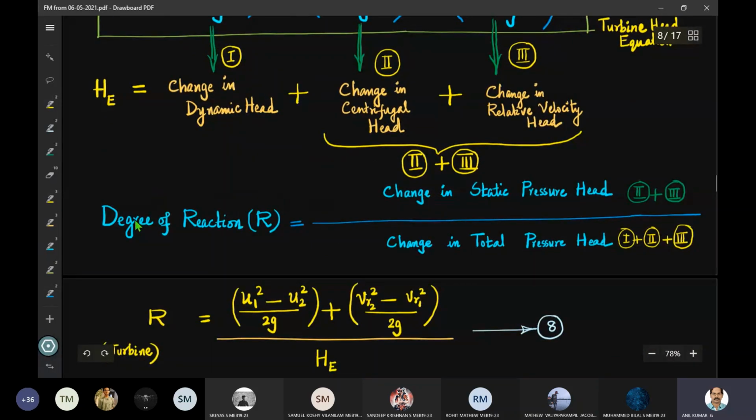So we have an important term called the degree of reaction, R. The degree of reaction for turbo machineries is defined as the ratio of change in static pressure head to the change in total pressure head of the fluid as it passes over the vanes. So change in static pressure head, that is terms 2 and 3 together, divided by change in total pressure head, that is the sum of the three terms together, that is HE, Euler's head.